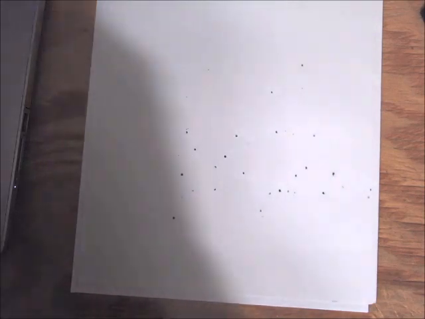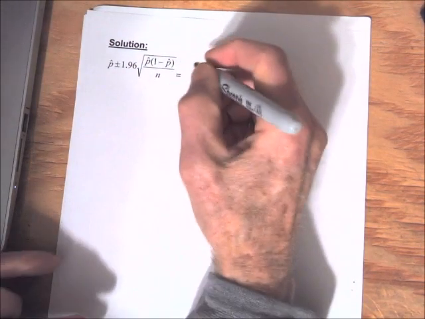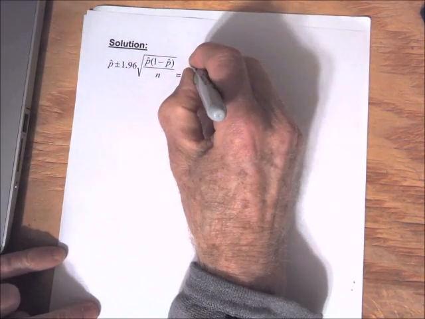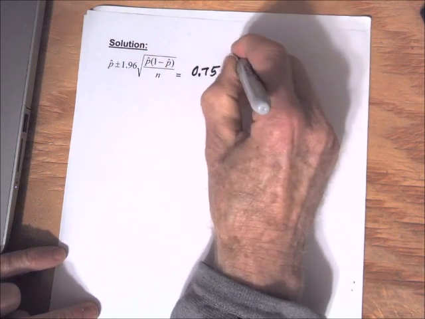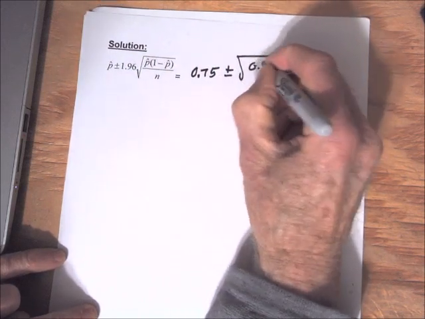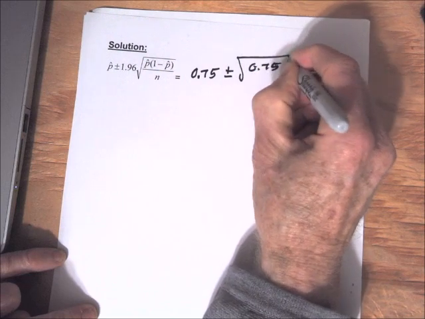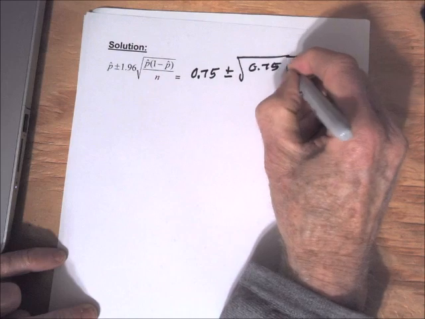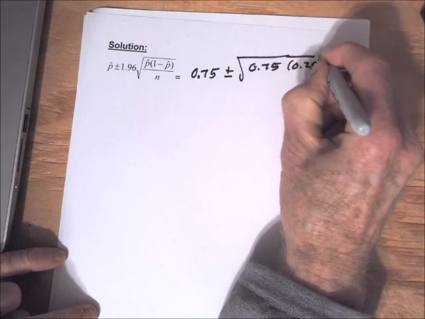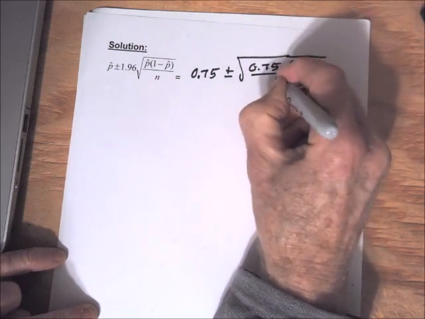Anyway, here's the formula, so we want to plug in the numbers. p hat is 0.75, that's our sample proportion, plus or minus the square root of 0.75 times 1 minus 0.75, which is 0.25, all over our sample size of 40.